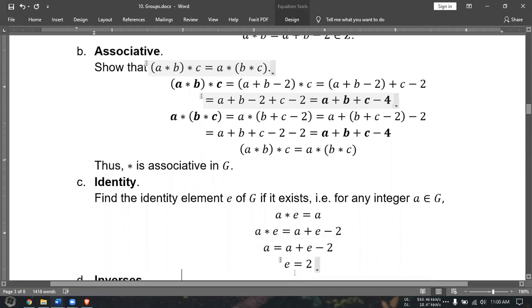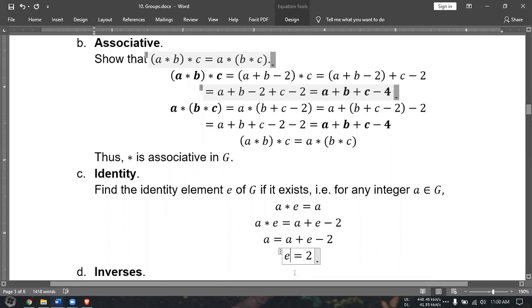So, the identity element exists and is equivalent to 2. Okay? This is for all.